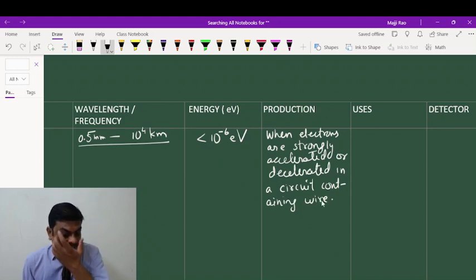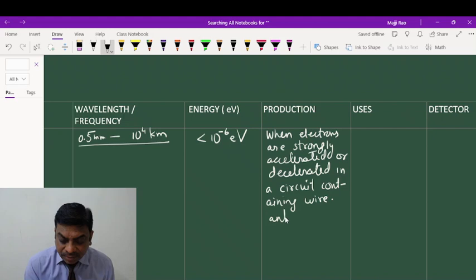On this aspect we call this an antenna, and in the olden days you used to call this an aerial. So an aerial is basically an antenna, you can think.